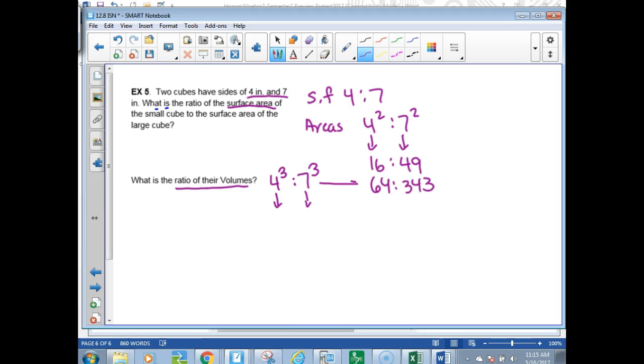That's the ratio of your volumes. Oh, I put it in the wrong place. I can just put it here. 64 to 343. That's the ratio of the volumes.